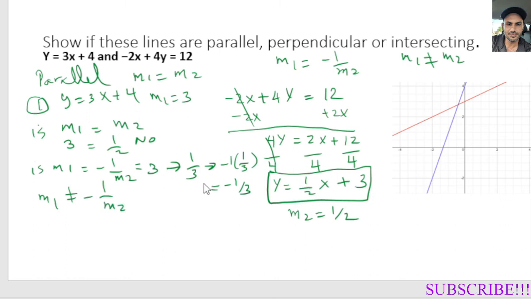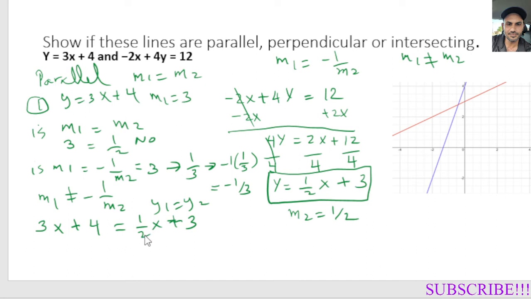Now let's find the point of intersection. For that, we set this equation equal to this equation, so we set y1 equals y2 and solve. y1 is 3x plus 4, and y2 is 1/2 x plus 3.